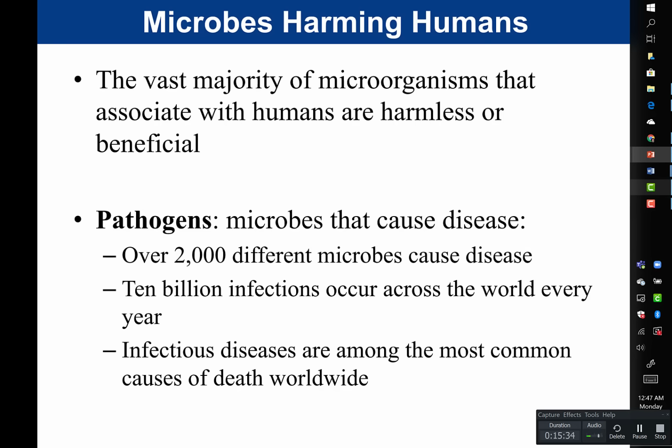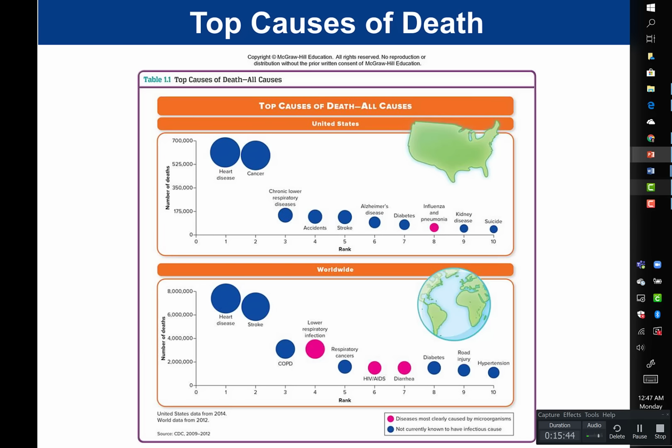But around the world, infectious diseases are definitely still a big problem, and they are a leading cause of death. So what you're looking at here is comparing the top causes of death in the United States versus worldwide. You do not have to memorize this table. It was just to give you an idea of the differences that the US faces versus the rest of the world.